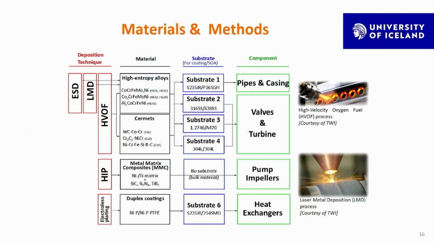And this is courtesy of TWI in Cambridge, where we did actually make quite a lot of different coatings intended for usage on different components in the geothermal power plant to increase the lifetime of the component. And this is, of course, then coated on different substrates to improve the corrosion resistance.